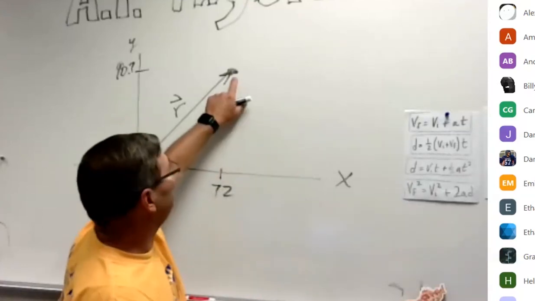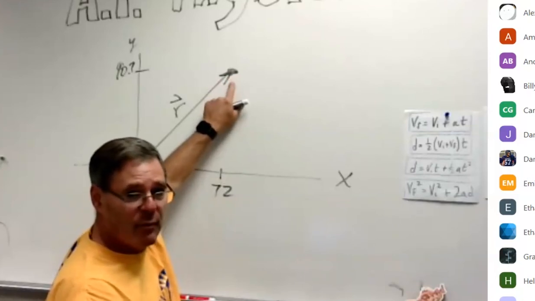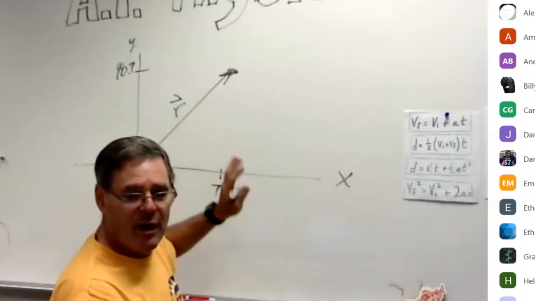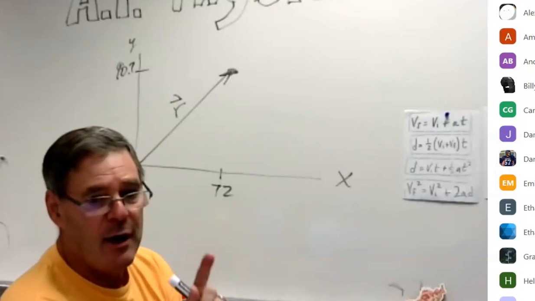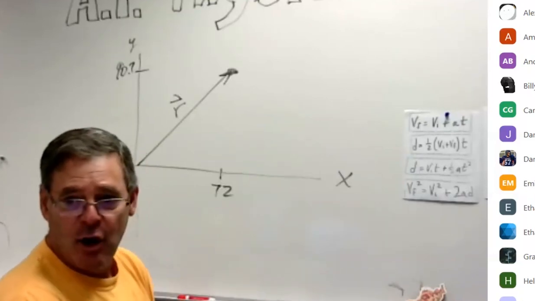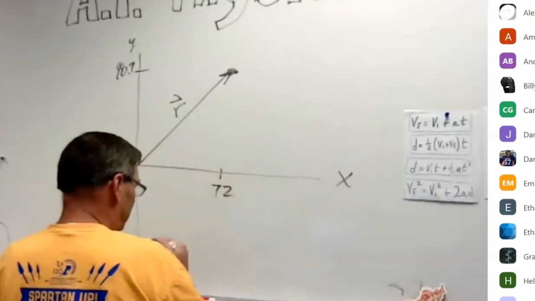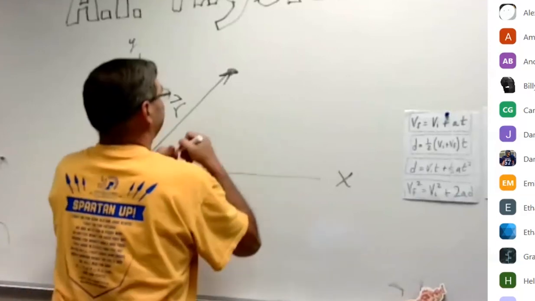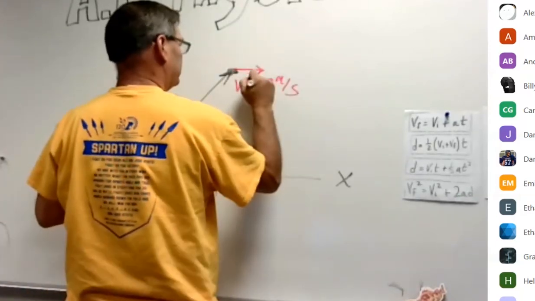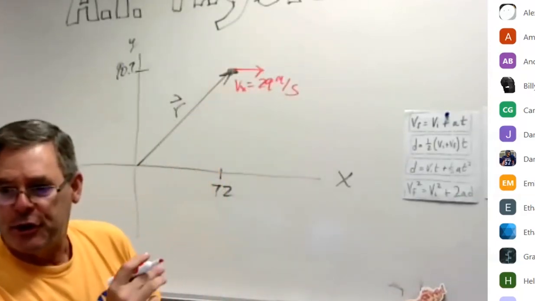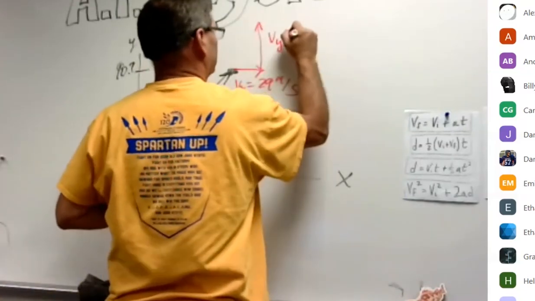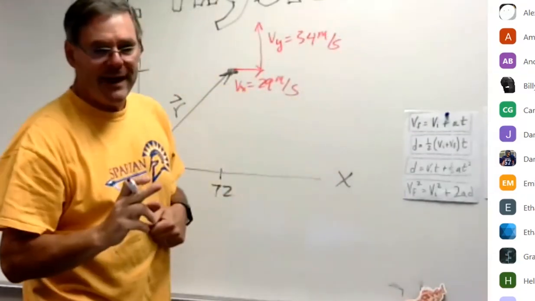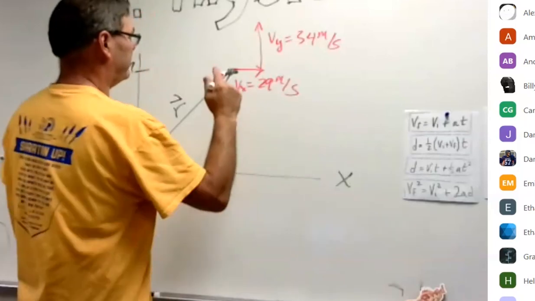So I plugged time equals 4 into my position equations to come up with these coordinates, but then I take my velocity equation, not my position equation, plug in 4, and I get 29 in the x and 34 meters per second in the y. So now that velocity vector is right here.